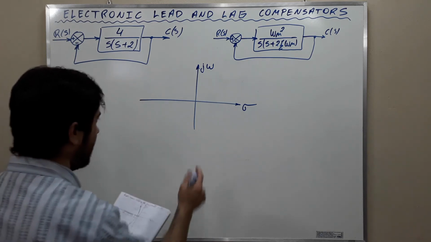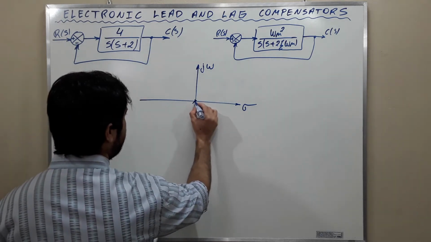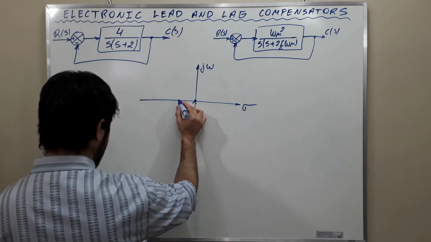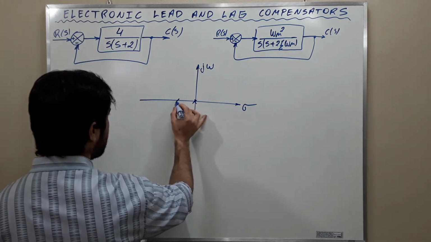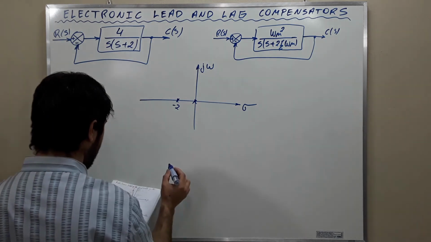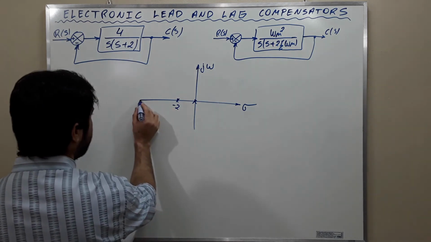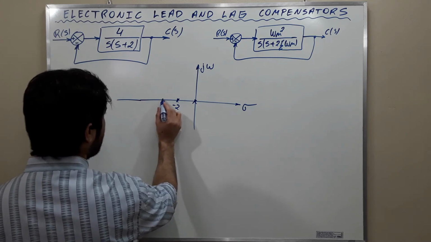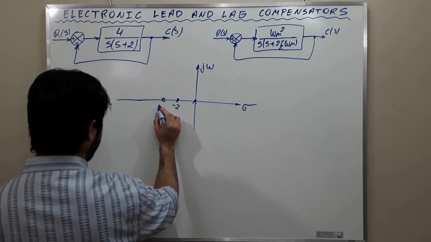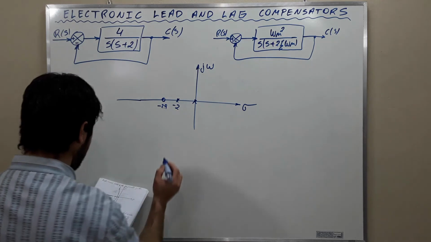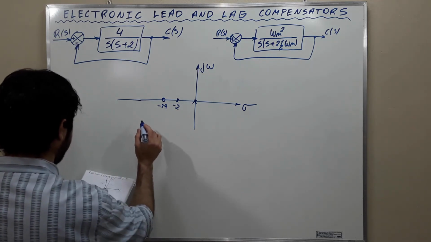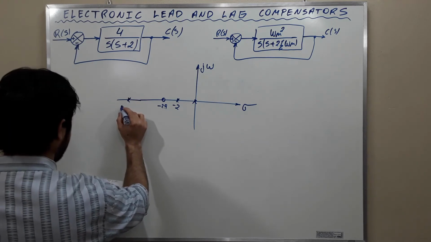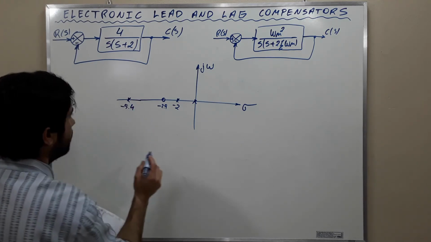As we saw, we have root-locus here from the origin 0 to -2, and we have a zero here at -2.9, and another pole at -5.4.